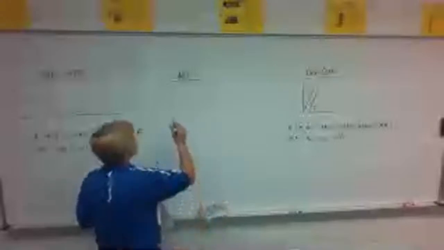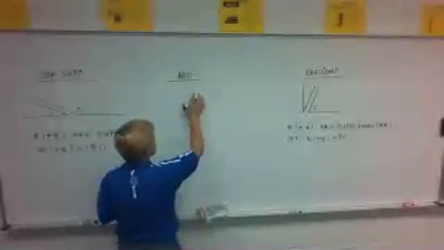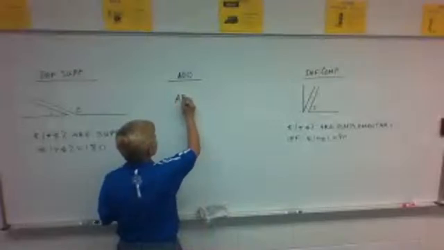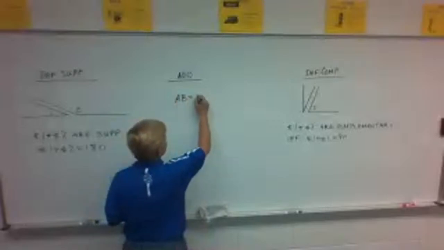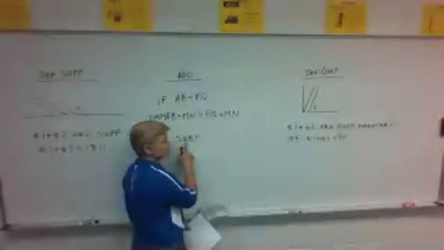For example, if I know somewhere in my proof, if I have this fact that AB equals PQ, then I could, if I wanted to, write this. The reason we would have for it is by addition, because we cannot abbreviate subtraction this way.